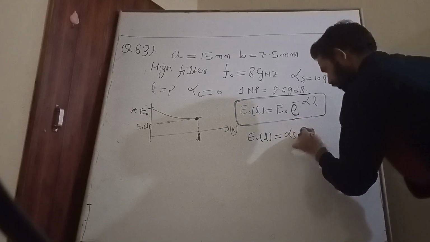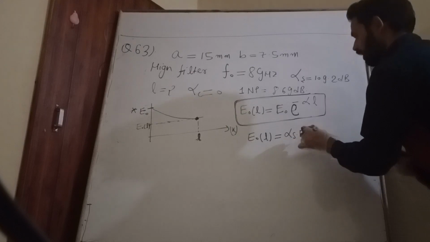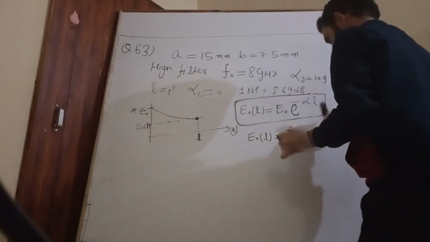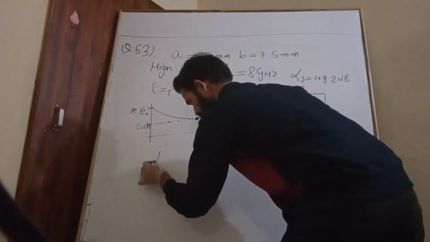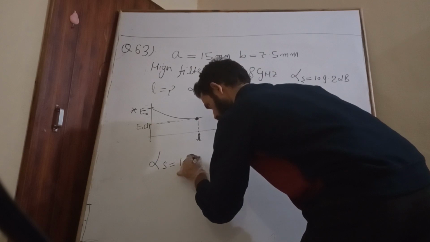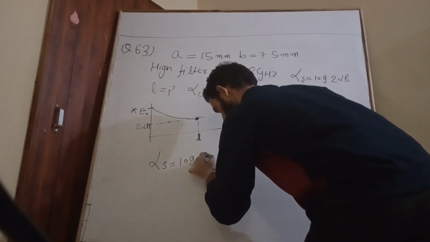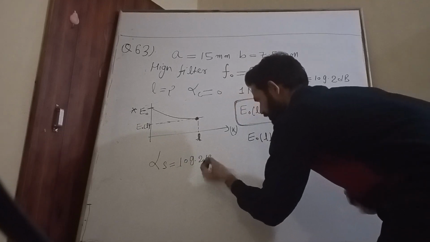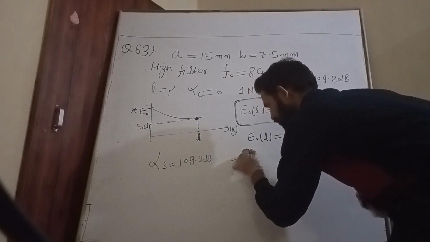Now this alpha S is given in dB, so let us first convert this dB into linear. Alpha S is 109.2 dB, so minus 109.2, why minus?